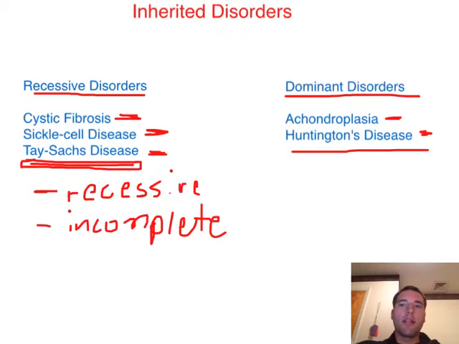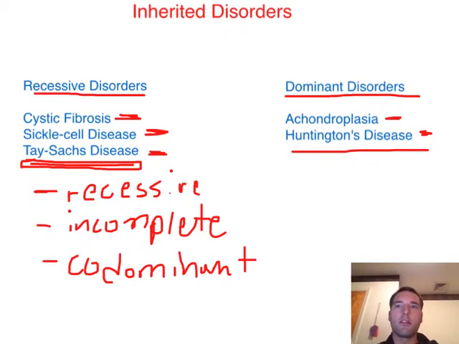But if you look at it at the molecular level, it's actually codominant. And this is a common thing in a lot of diseases: it looks one way at the entire organism, you either have it or you don't, but then it could be incomplete or codominant. I'd like you to make sure you take a look into that and understand how it can be recessive and incomplete and codominant depending on what level you look at it.